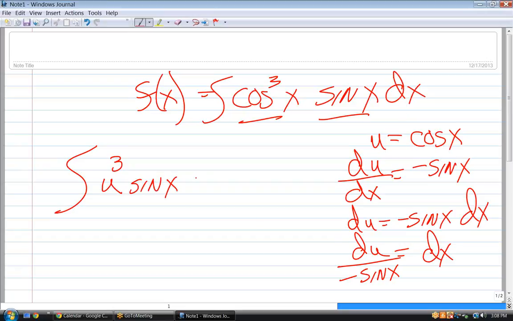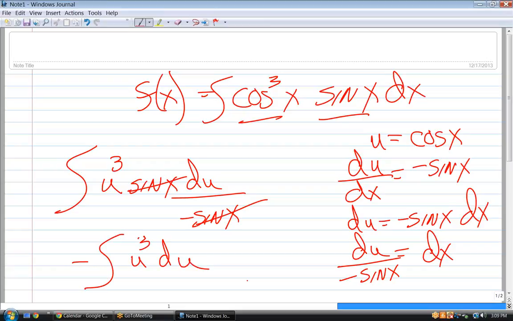Well, dx is now equal to du divided by minus sine x. Notice how I get rid of the problem. I cannot take an integral of u if there's still an x in there. So that sine x cancels out with that sine x, and I have to do something with that negative sign, so I take it outside.